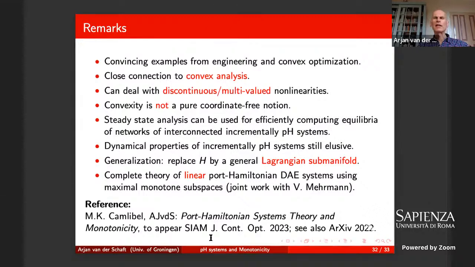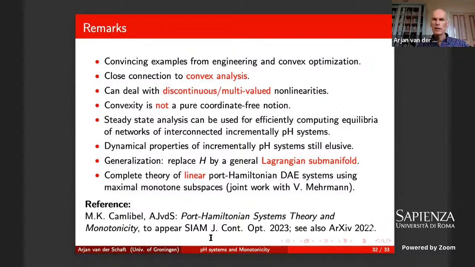All right, then I come to the conclusions of this talk. So I think that incrementally port Hamiltonian systems have several convincing examples, both from engineering, from physical system modeling, and from convex optimization.